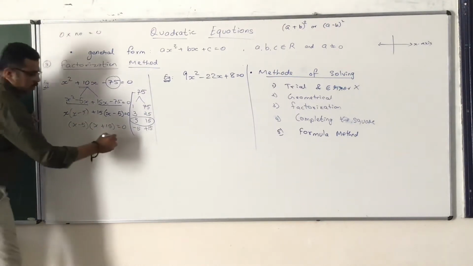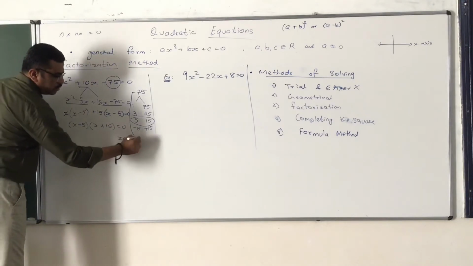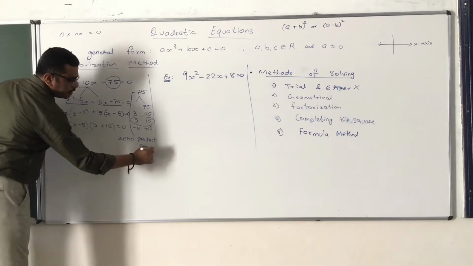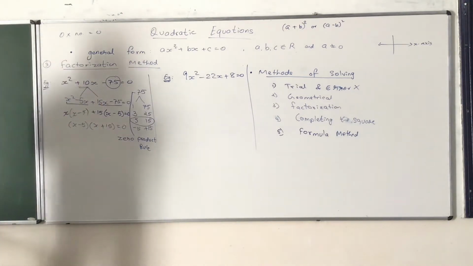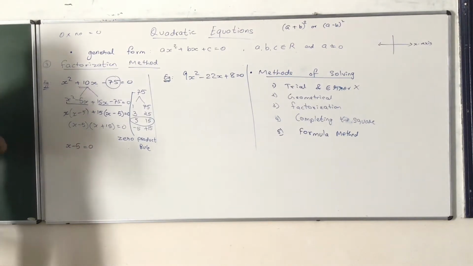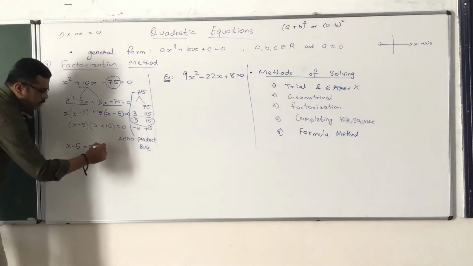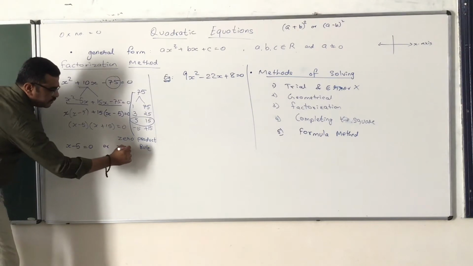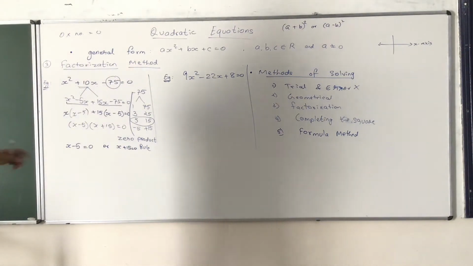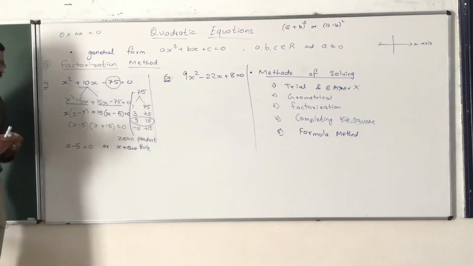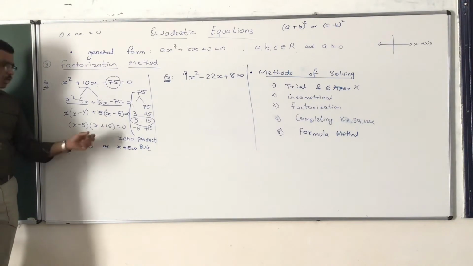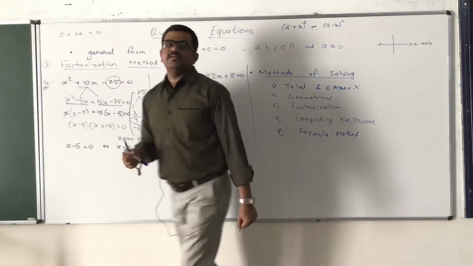So this is called zero product rule. Using this rule, we can say that either x minus 5 equals to 0 or x plus 15 equals to 0.